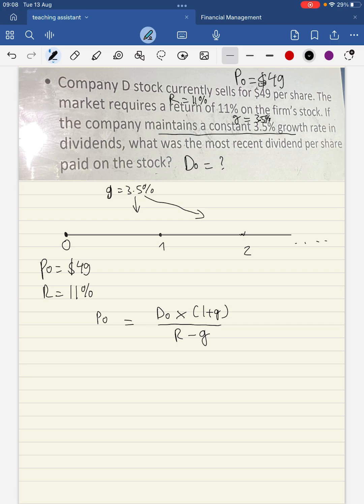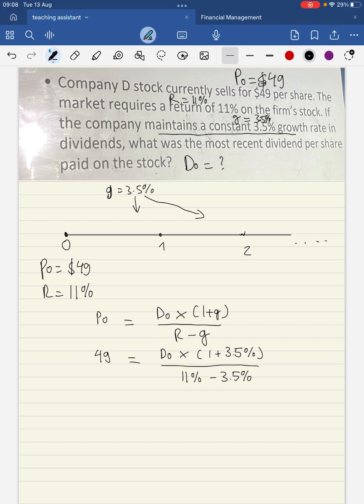Let's replace it together. So 49 is equal to D0 times 1 plus 3.5%, divided by 11% minus 3.5%.